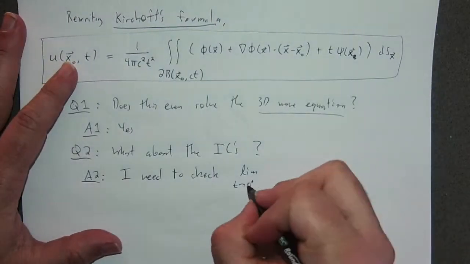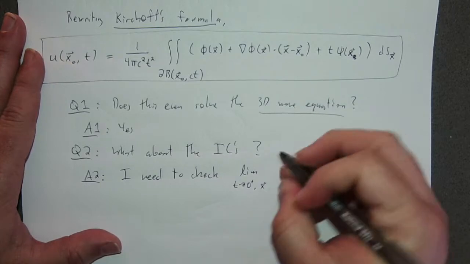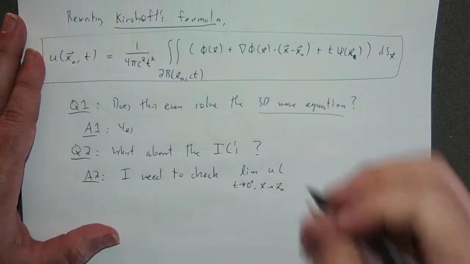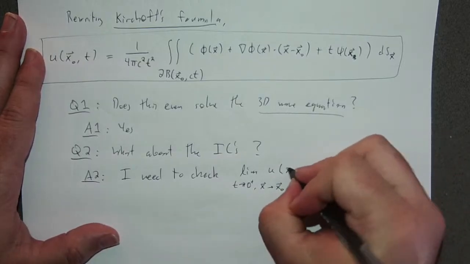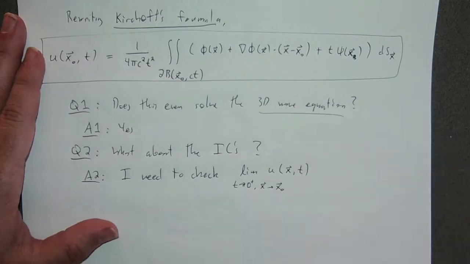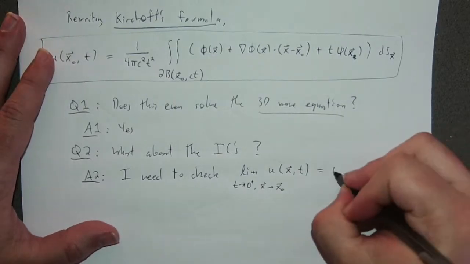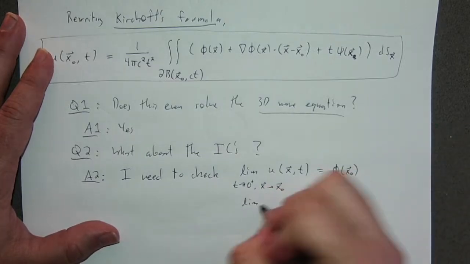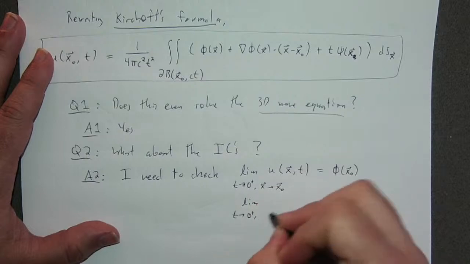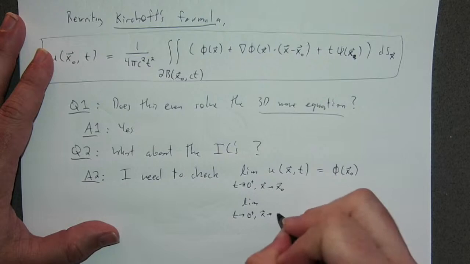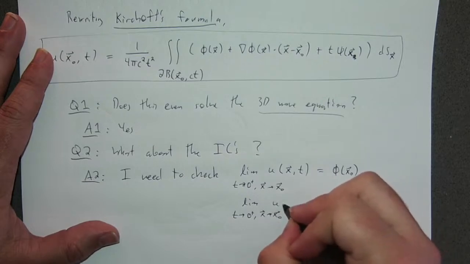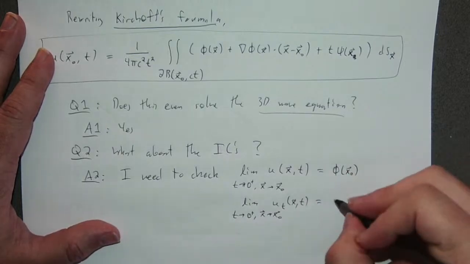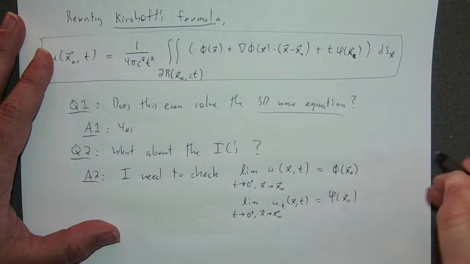So as t goes to 0 from the right and as x approaches x naught, this u of x, t is equal to phi of x naught, and the limit as t goes to 0 from the right, x goes to x naught, of u sub t of x, t is psi of x naught. This is what I need to check.